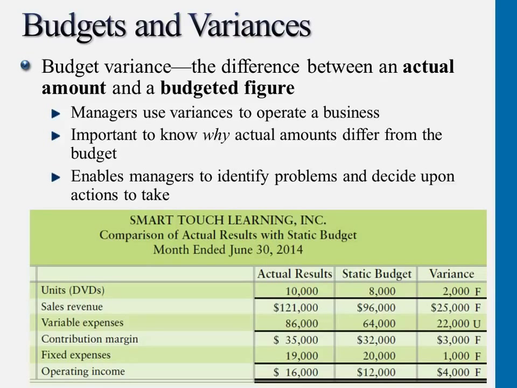If it's solely because of sales volume variance, then these two would be the same. If it's not only because of the 2,000 unit variance, we might have an additional one.